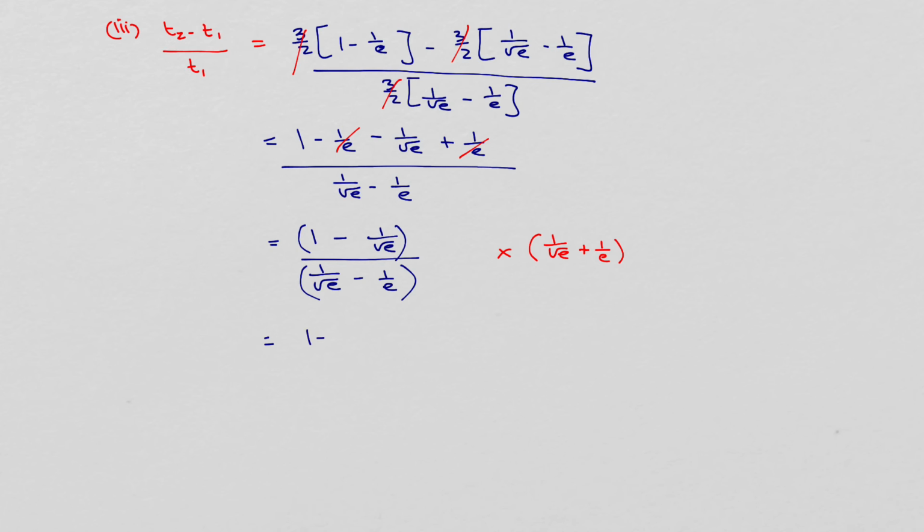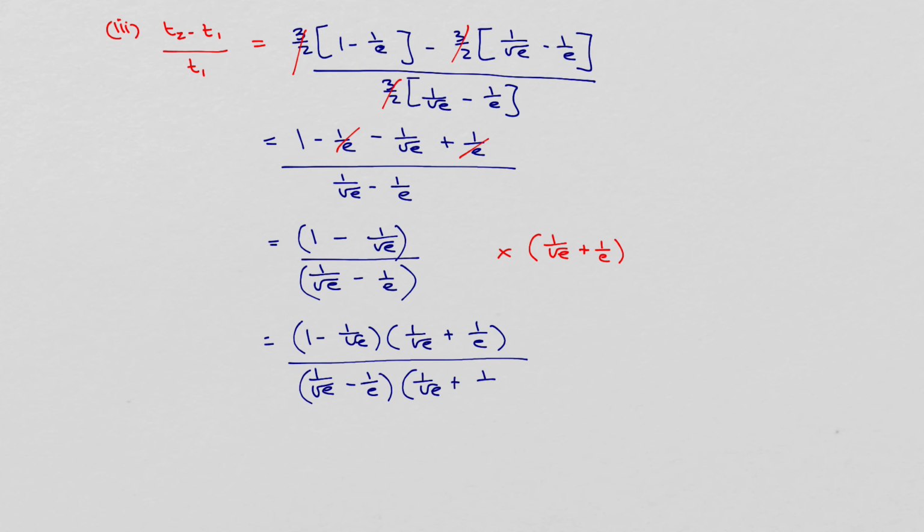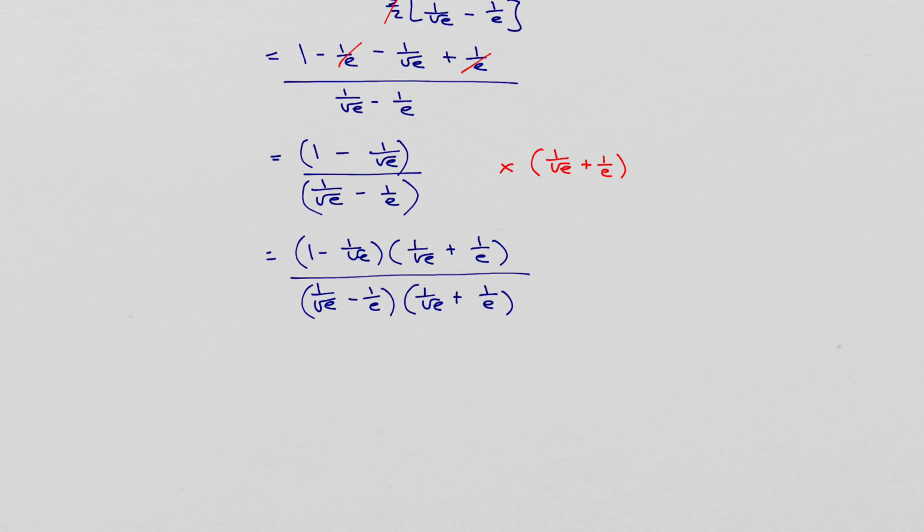So that gives me 1 minus 1 over root e times 1 over root e plus 1 over e. And on the bottom, 1 over root e minus 1 over e times 1 over root e plus 1 over e. So on the top line there we have 1 over root e plus 1 over e minus 1 over e minus 1 over e root e.